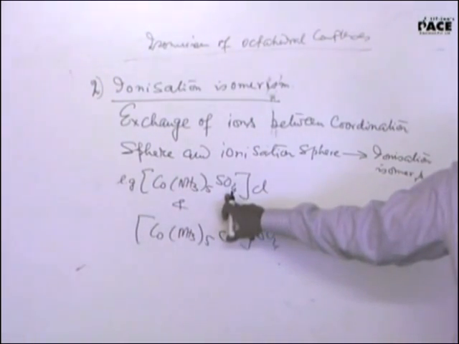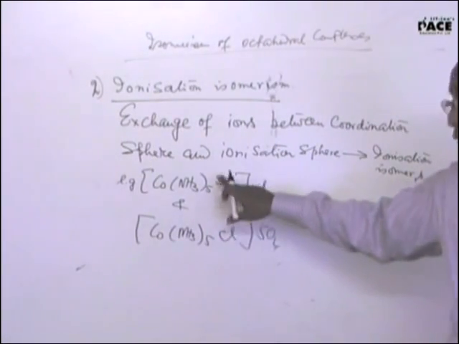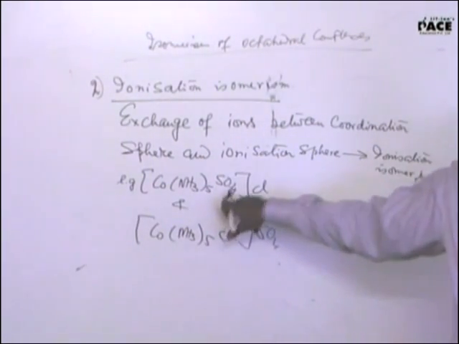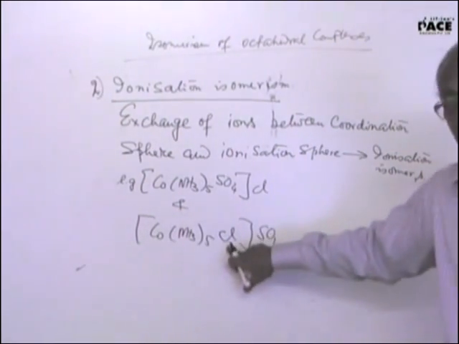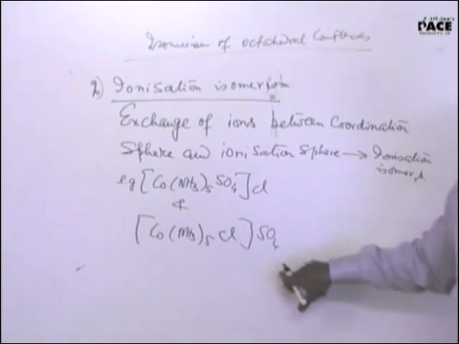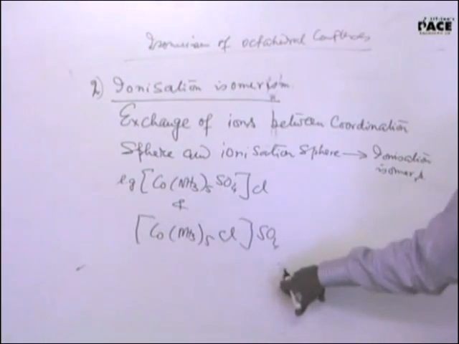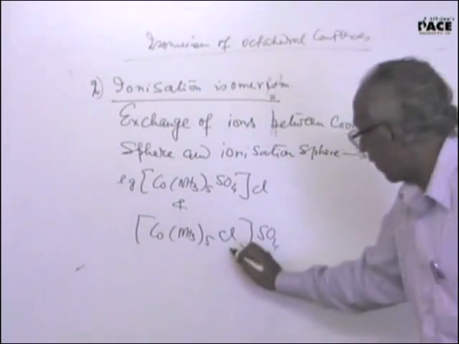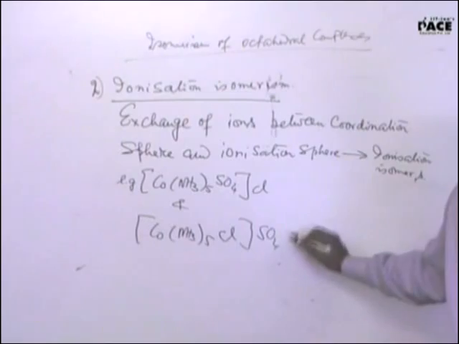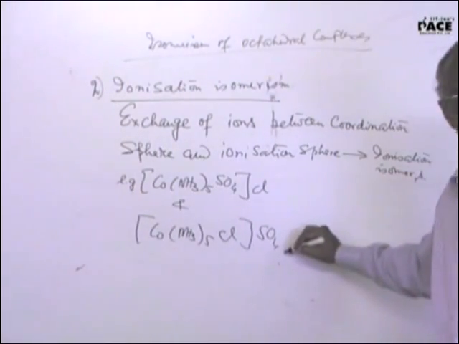Sulfate was in the coordination sphere. Chloride was in the ionization sphere. Now the chloride is in the coordination sphere and sulfate is in the ionization sphere. How do I know? If I add barium chloride, there will be no precipitation of barium sulfate in the first case, but in the second I will immediately get a precipitate of barium sulfate.